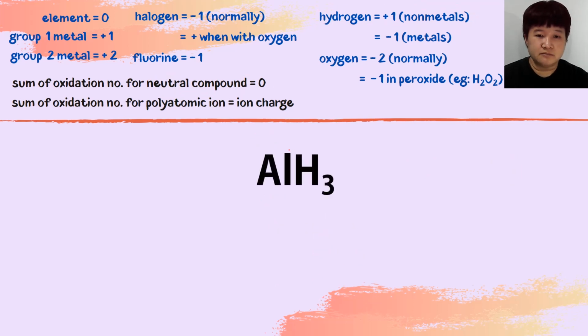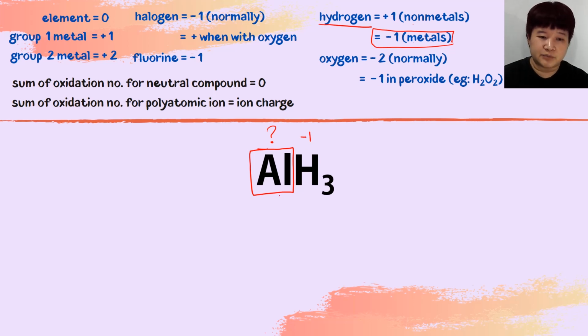Next, aluminium hydride. Aluminium, again, is something that is not mentioned above. None of the rules above mention aluminium. So we need to find out the oxidation number for aluminium. How about hydrogen? We have the rules about hydrogen: non-metal or metal. Aluminium obviously is a metal. So your hydrogen right now must be negative 1.